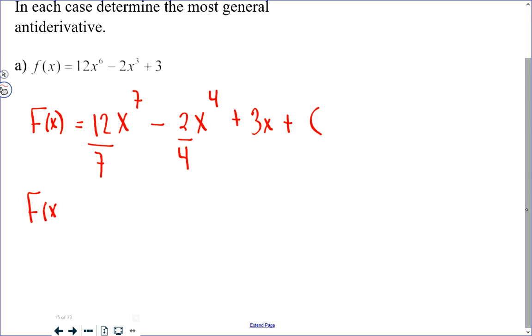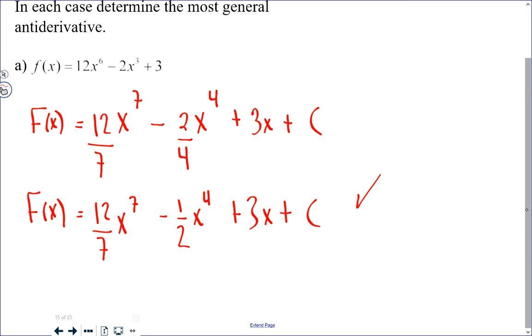So the antiderivative of the function is 12/7 x to the 7 minus 1/2 x to the 4 plus 3x plus c, and that is our answer. If you differentiate each of these terms, you're going to get the original function of 12x to the 6 minus 2x cubed plus 3.